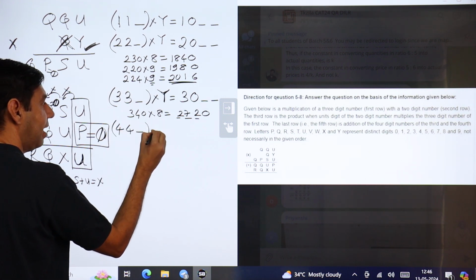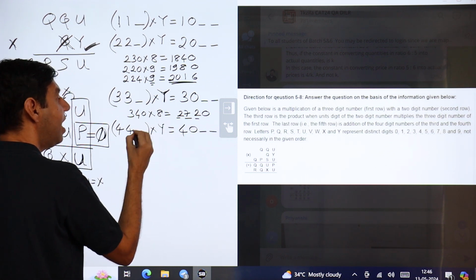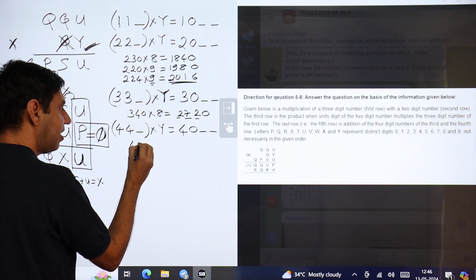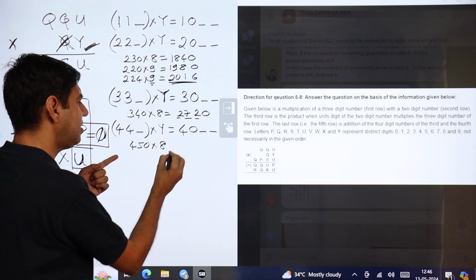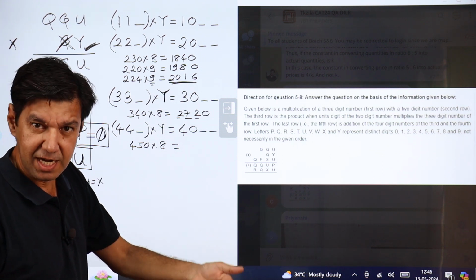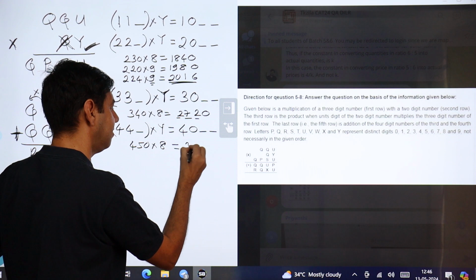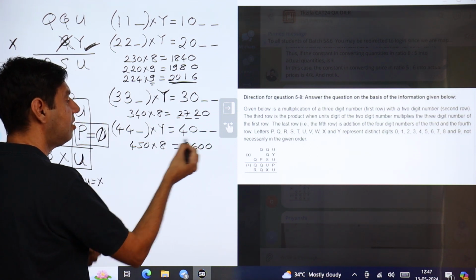4400 and something multiplied with y, I should get 4000 something. Can this number, if it is 450 into 8, 450 into 8 is a very simple one, right? 45 into 2 is 90, into 2 is 180, into 2 is 360. Okay, so again I can't reach a 4000.